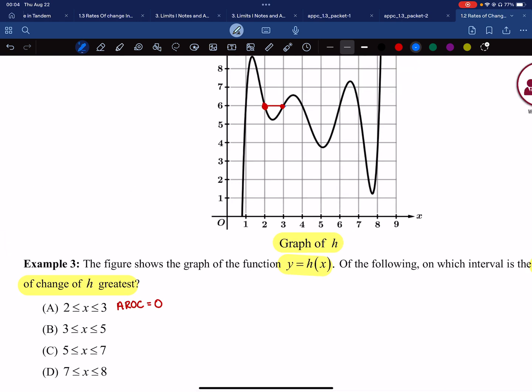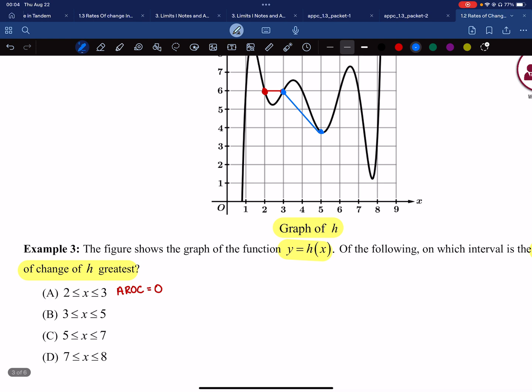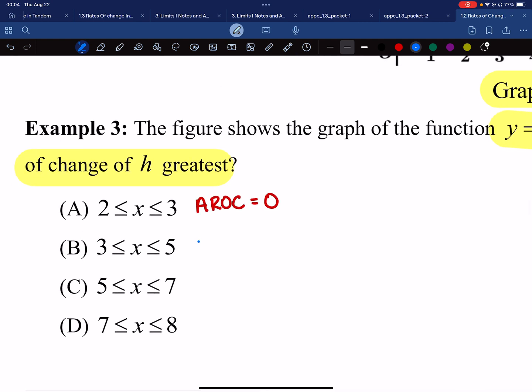So 3 hits the graph right here, 5 hits the graph down here. We look at this part right there. That shows us that our average rate of change is negative because it's going down from left to right. So our average rate of change is negative.